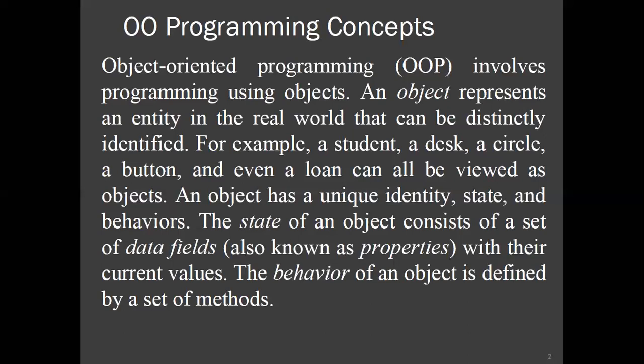So what are its actual functionalities, its behaviors? The student behaviors can be curricular behavior or extracurricular behavior, something like that. So every object consists of two things. You should be very clear in this. Every object possesses properties and behavior, and every object needs to be uniquely identified.